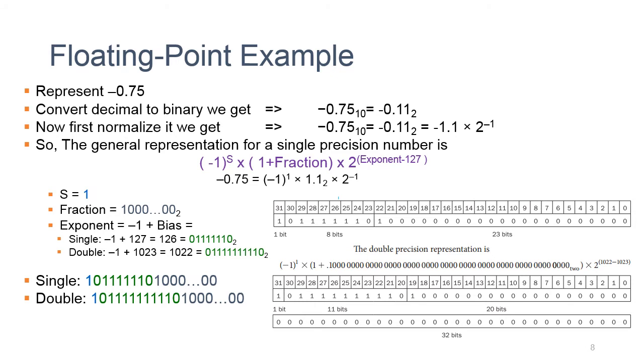And we calculate our exponent. After normalizing our number, we have -1 as the exponent. So we add this -1 to 127, because IEEE 754 uses a bias of 127 for single precision, which is equal to 126.